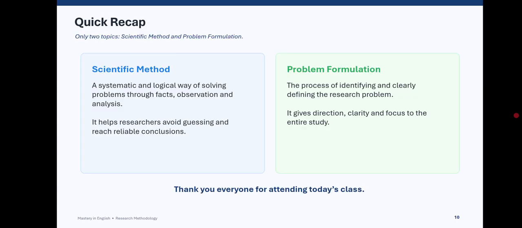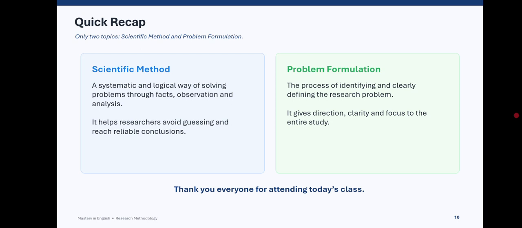So now come to the conclusion part. Today we understood the meaning of scientific method, the meaning of problem formulation, the importance of these concepts, and real life examples related to research. These concepts are very important because they help researchers to conduct research scientifically and systematically.